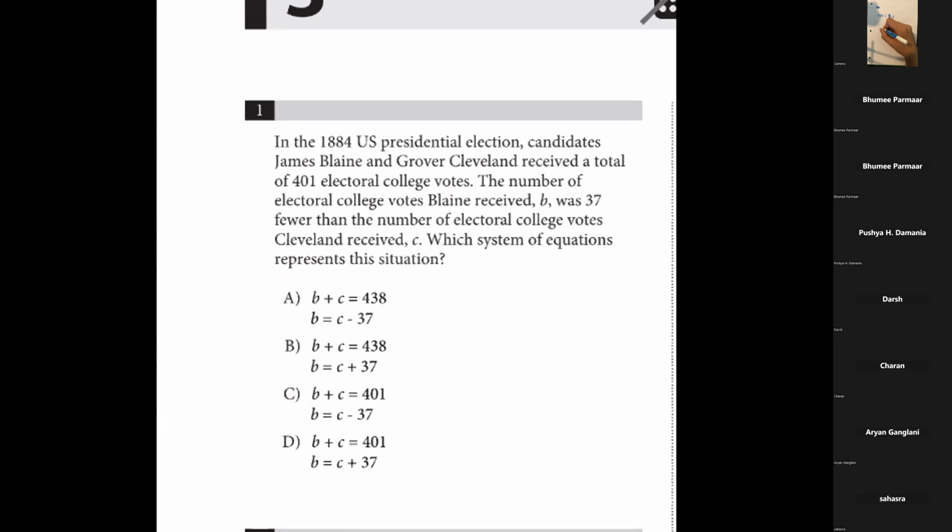And then the number of electoral college votes Blaine received was 37 fewer than the number that Cleveland received. So Blaine received 37 fewer. So C, Cleveland, minus 37 is the number of votes Blaine received.